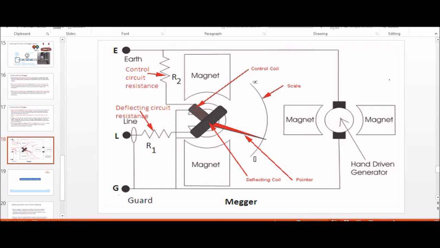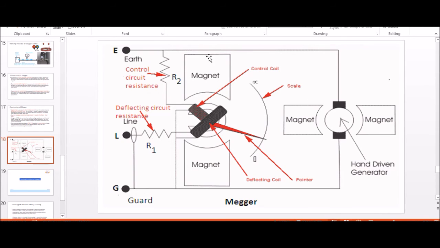Now if there is insulation present between your earth and live terminals, what will happen is your current will flow through this circuit, right? Now there are two sets of windings attached to your needle, which is basically fluctuating between 0 to infinite mega ohm resistances.